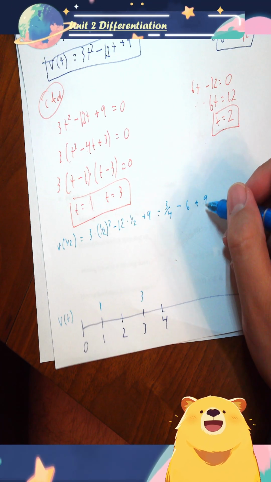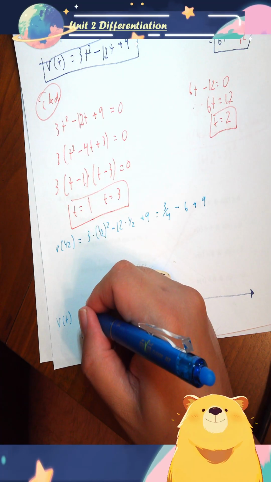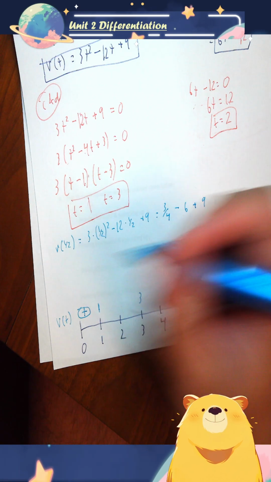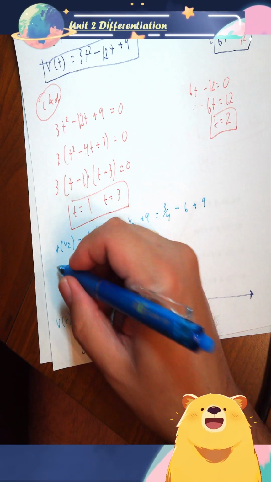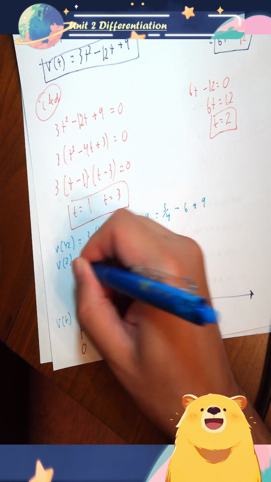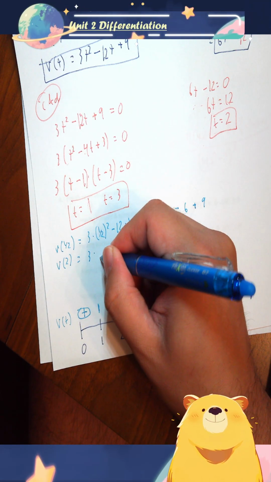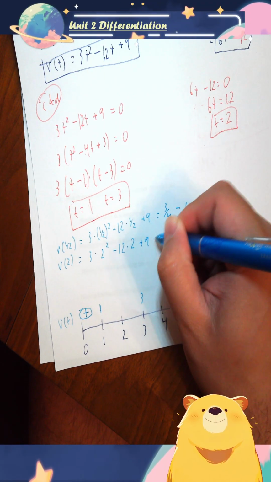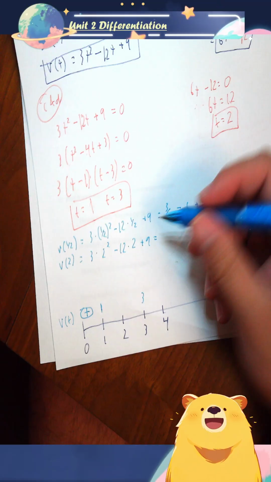From here it's pretty safe to say that we're going to have positive values to the left of 1. Checking between 1 and 3, that's easy, it's just 2. So all I'm doing is plugging it in.